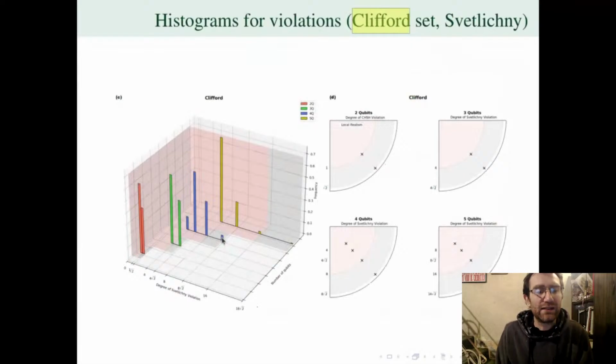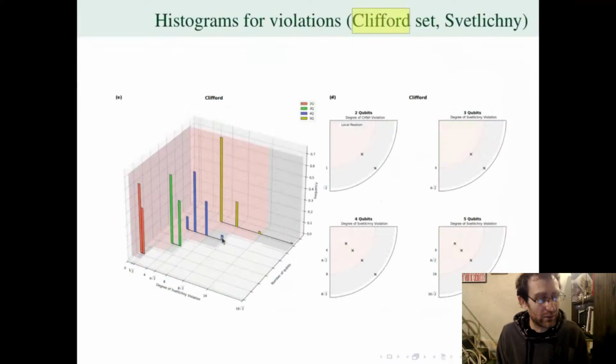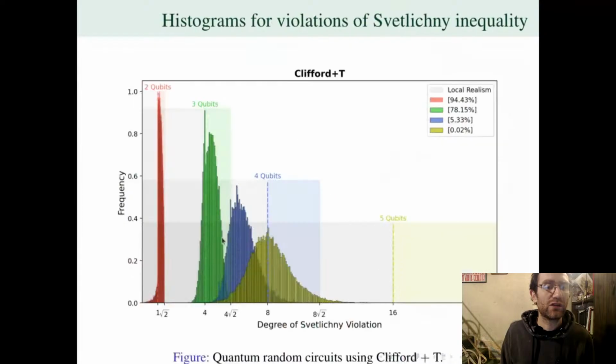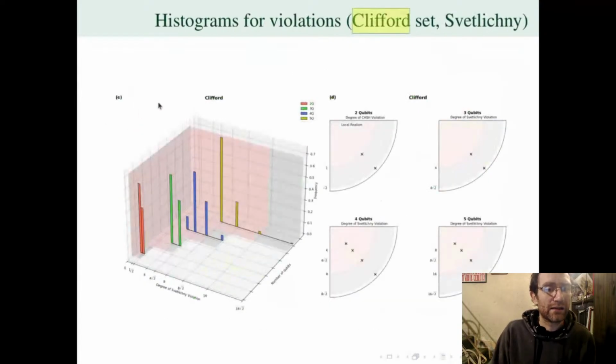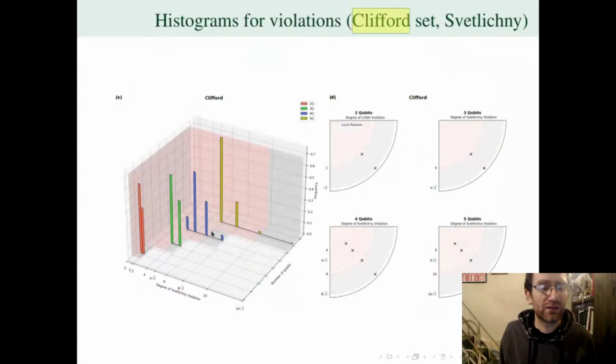But what we find is that the difference between a universal gate set and a non-universal and classically simulable gate set is that the distribution of the resource is very different. The distribution of non-locality in the classically simulable set is peaked and centered in some specific points of the quantum state space.